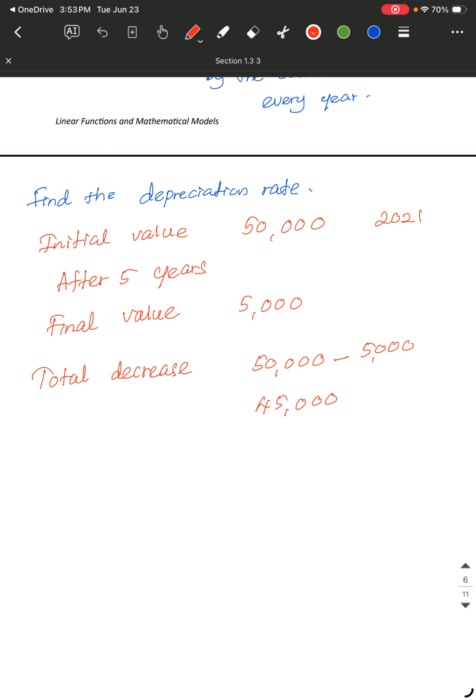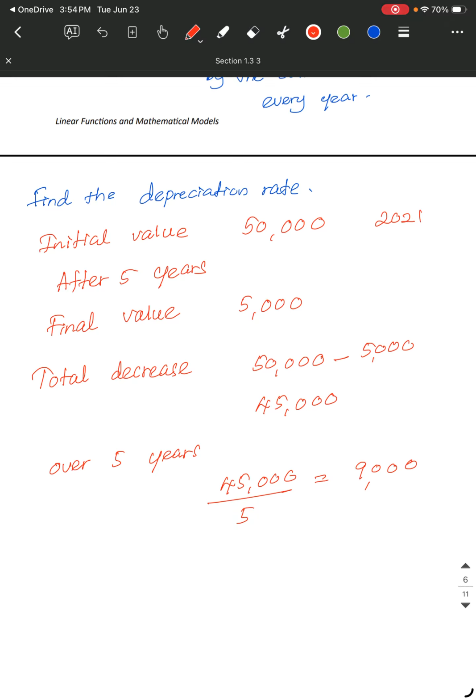Over 5 years, $45,000. Therefore, 45,000 divided by 5.